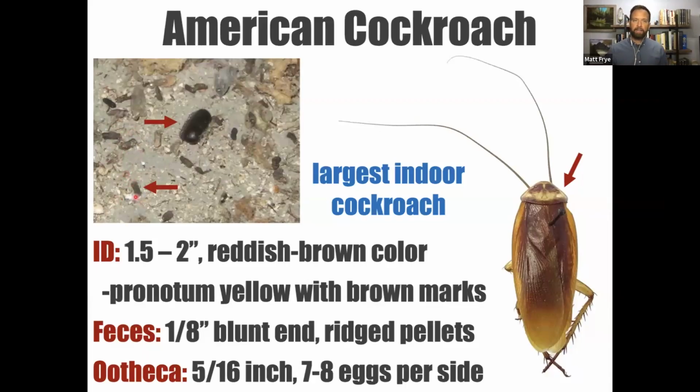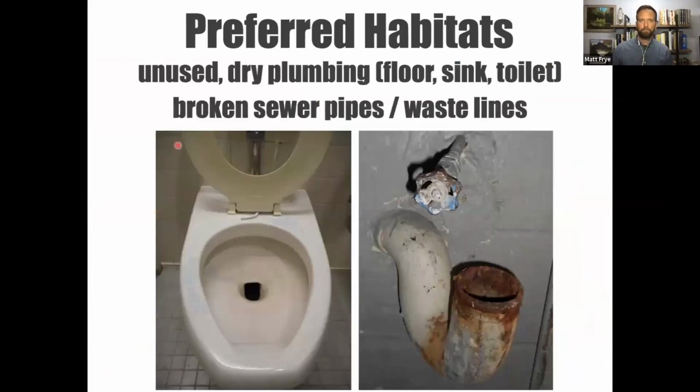Their egg case looks very different. It's dark brown in color, more purse-shaped, and they can have up to 16 offspring in those egg cases. So still good reproductive potential, but not as much as the German cockroach.